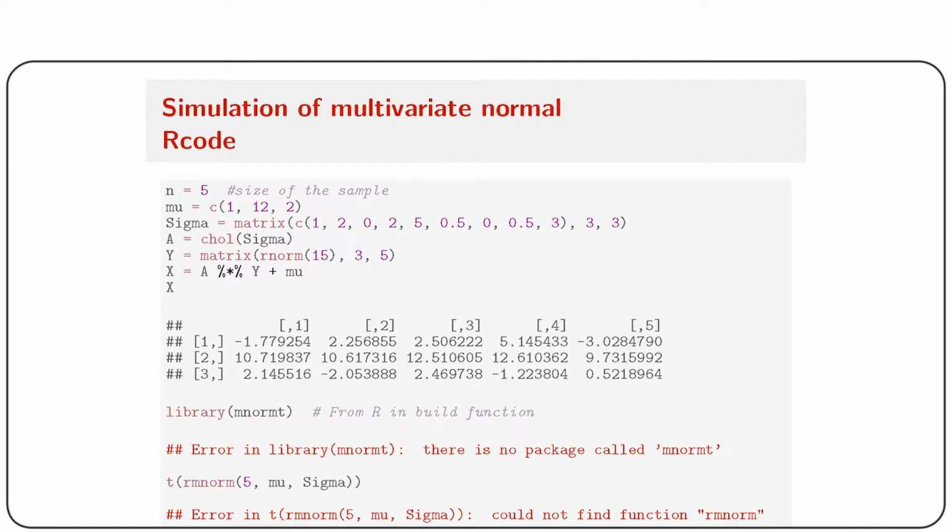Let's see how it can be done in R. So I set n equals 5 and for mu, dimension I used 3, mu equals a 3 by 1 vector 1, 12 and 2, and sigma would be a 3 by 3 matrix. So there are 9 entries, and by the matrix function I assign a 3 by 3 matrix to the sigma variable. And then for Cholesky decomposition there is a function chol, CHOL, all lowercase.